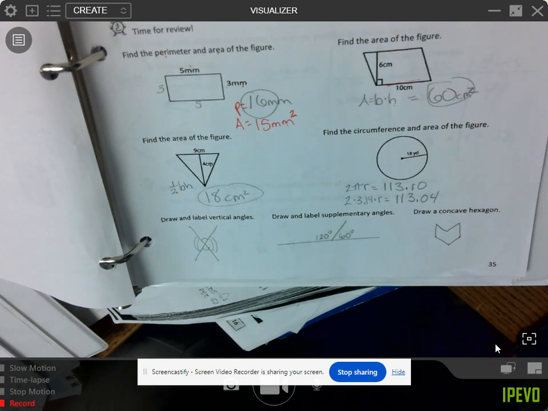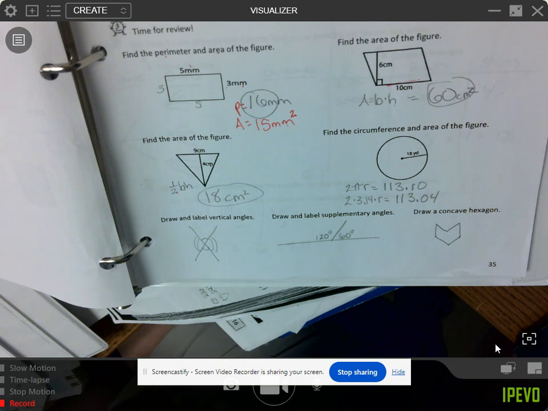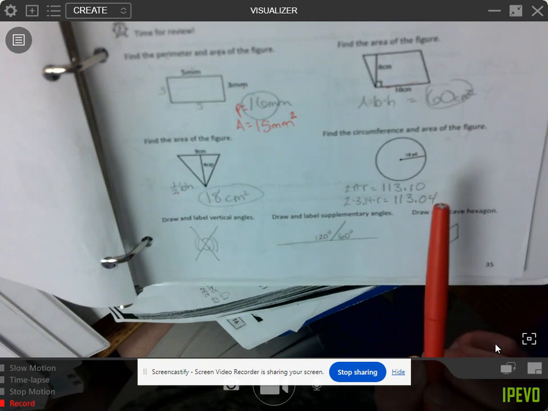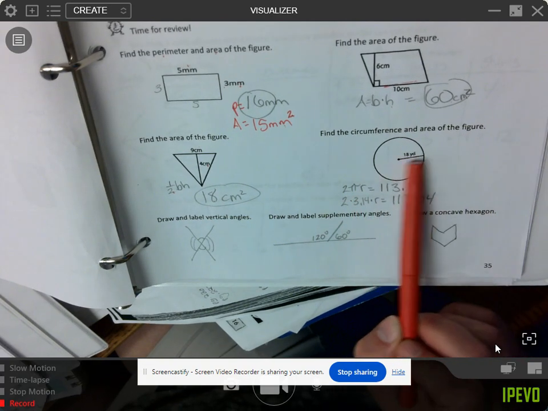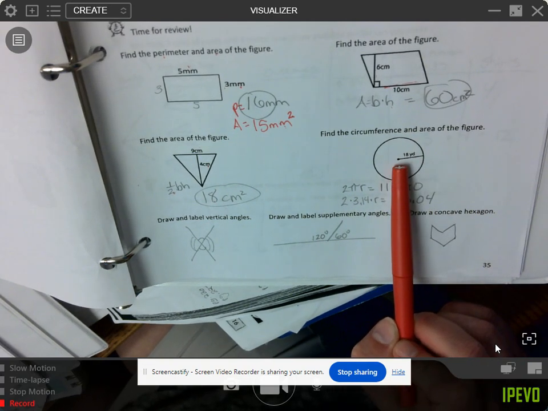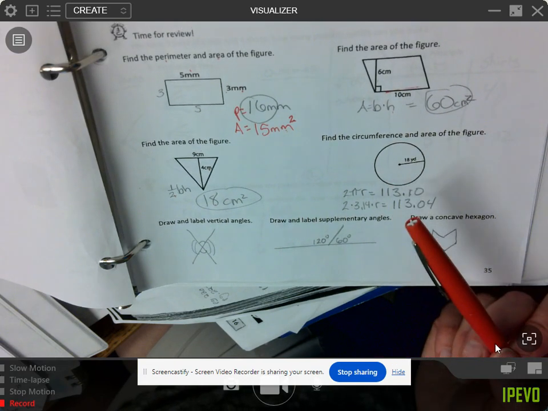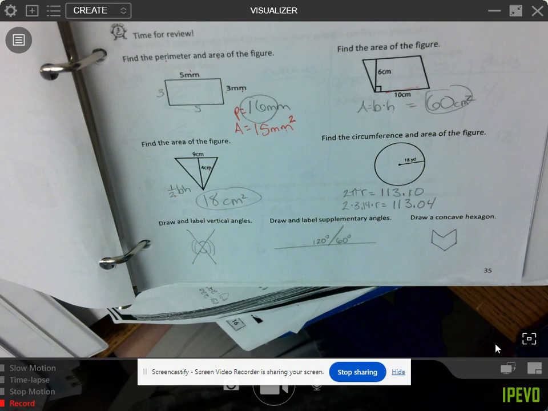Ava. Well, for the next one, I got it correct, but I don't know how I got that. Okay, so the circumference, remember, is 2 pi r because we're given our radius. When you're given the radius, you multiply that radius times pi, you multiply it by 2. If you were given the diameter, you don't multiply it by 2, you just multiply the diameter by pi.